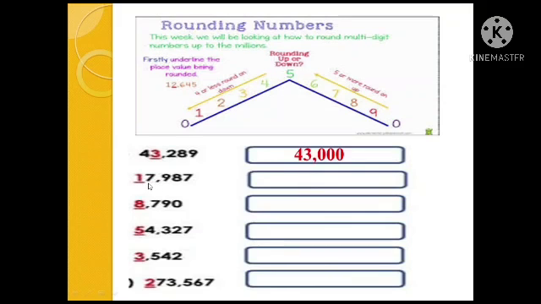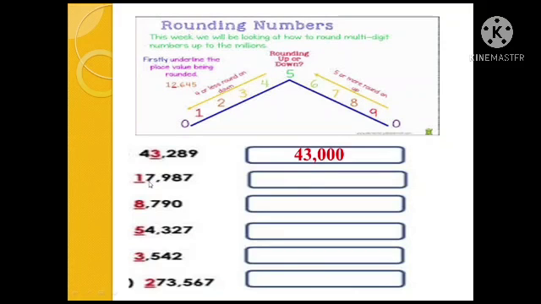Now 17,987. Here they have given the number for 10,000. If it is 10,000, we have to go with the 10,000s like 10,000, 20,000, 30,000, 40,000. Whether we can make it 10,000 or 20,000, to find that we have to see the next number.